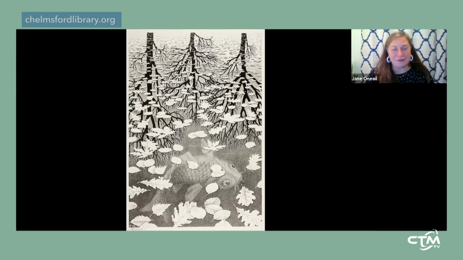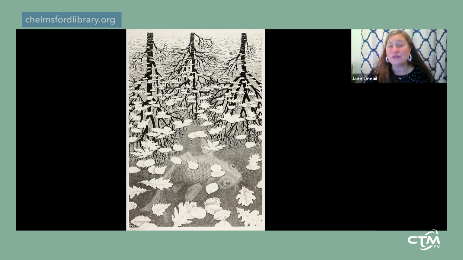We can peer down through the surface of the water to this giant catfish, and then we can see the reflection on the surface of this water too, with these naked tree branches that we know are reaching up into the air, but the reflections appear as though they are reaching down into the water. So he's captured these three realms so beautifully in this work here.